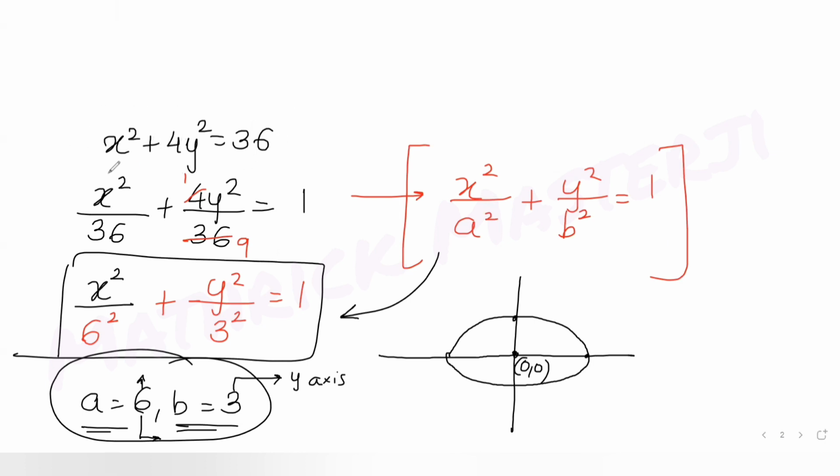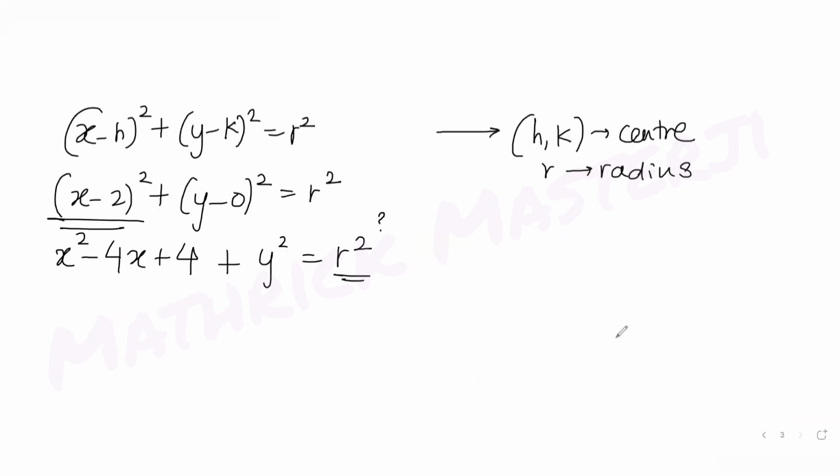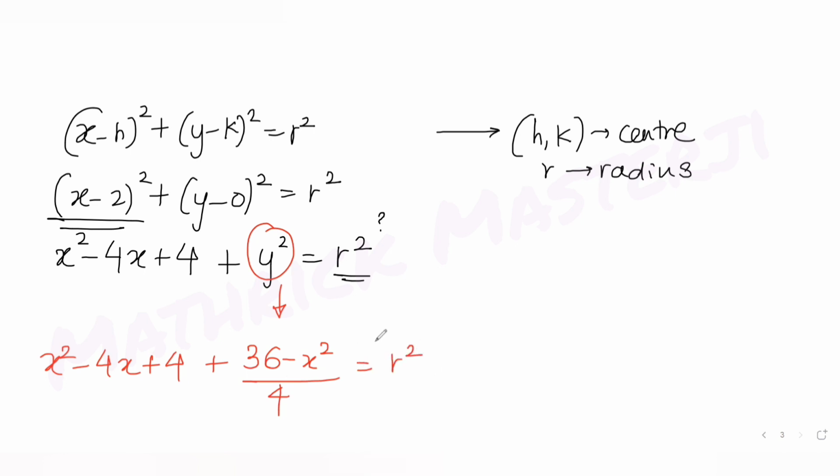So 4y square is 36 minus x square, and dividing by 4, y square is (36 minus x square) over 4. Putting this value of y square in, my equation becomes x square minus 4x plus 4 plus (36 minus x square) over 4 equals r square.